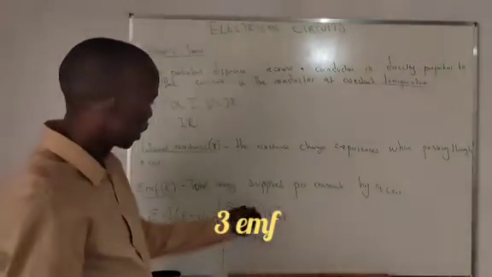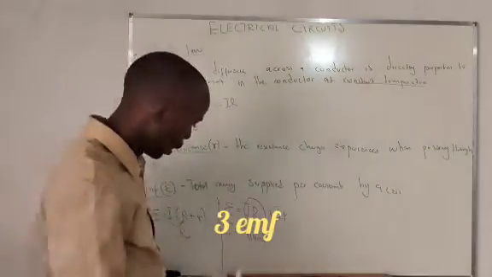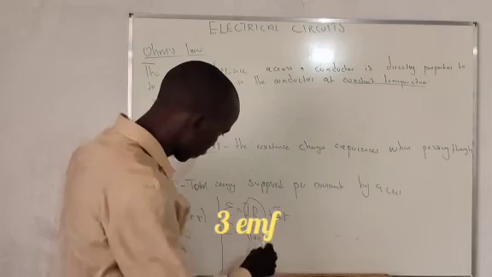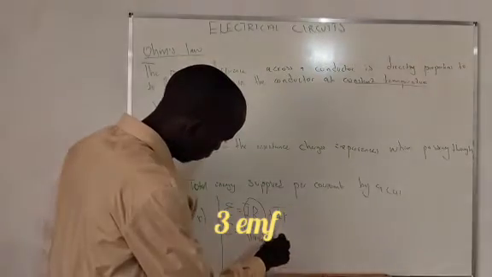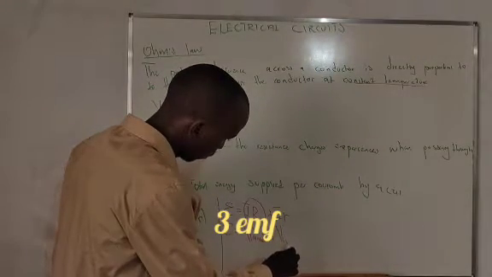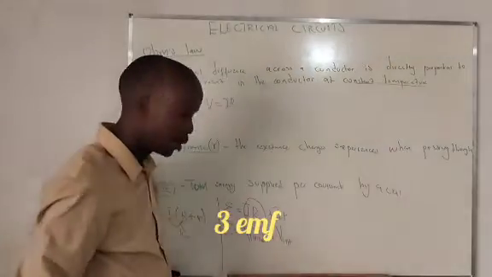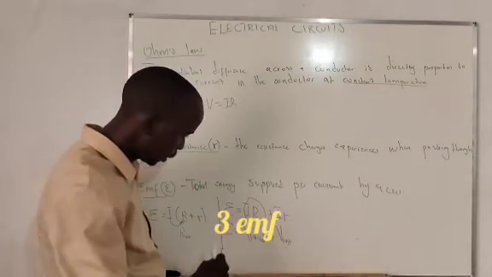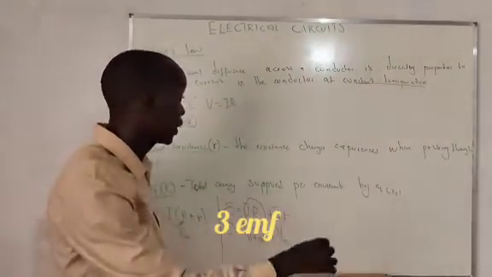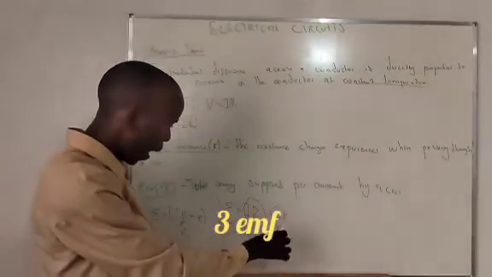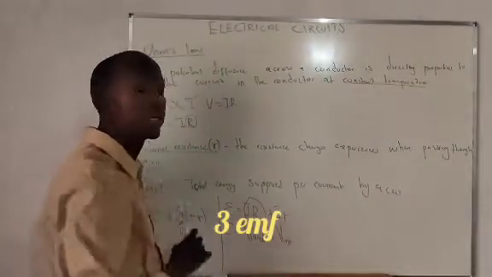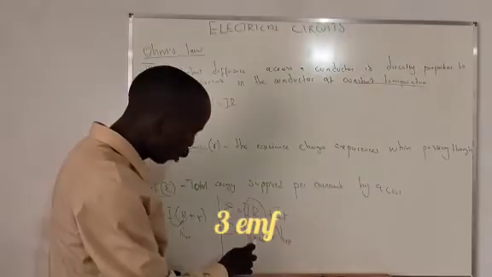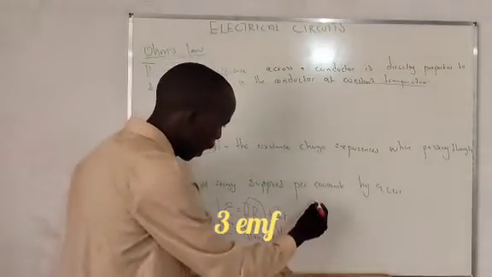As you know, I times R is voltage. Voltage is measured in volts. Then we say plus V internal. V internal is the voltage inside the cell. So I r, as you remember, involves the internal resistance. V load is the voltage outside the cell.